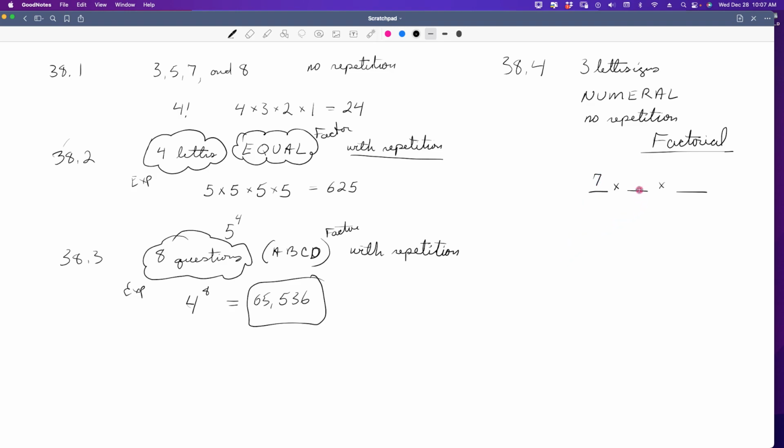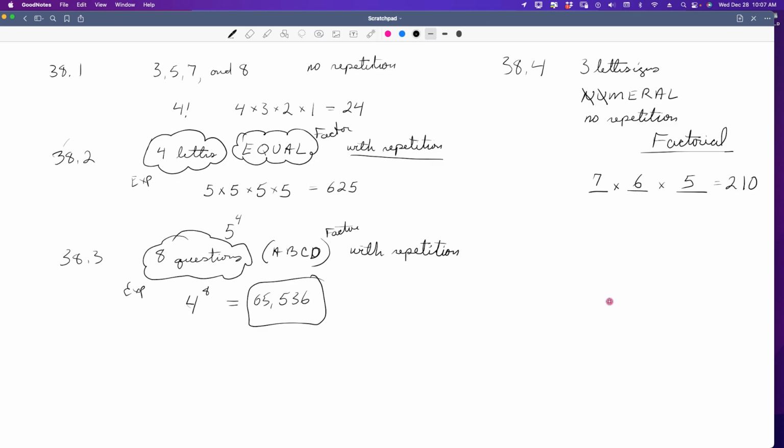For the next one, after we cross out 1, all we have left are 6. And then for the next one, all we have left are 5 to choose from. So 7 times 6 times 5 is going to give us 210. Those are the number of 3-letter signs we can make without any repetition.